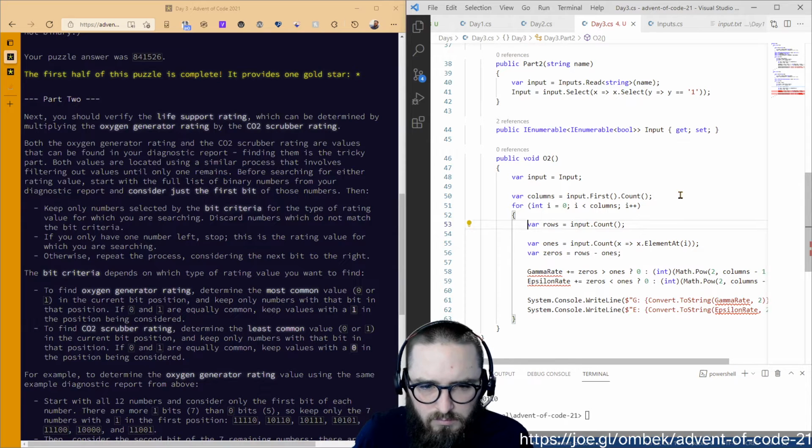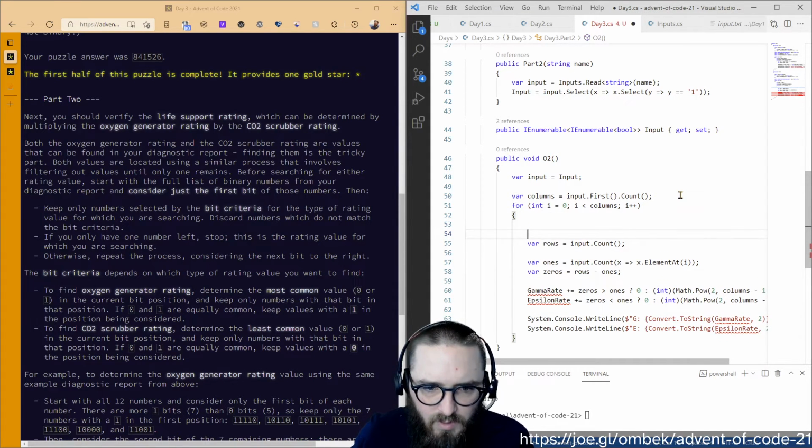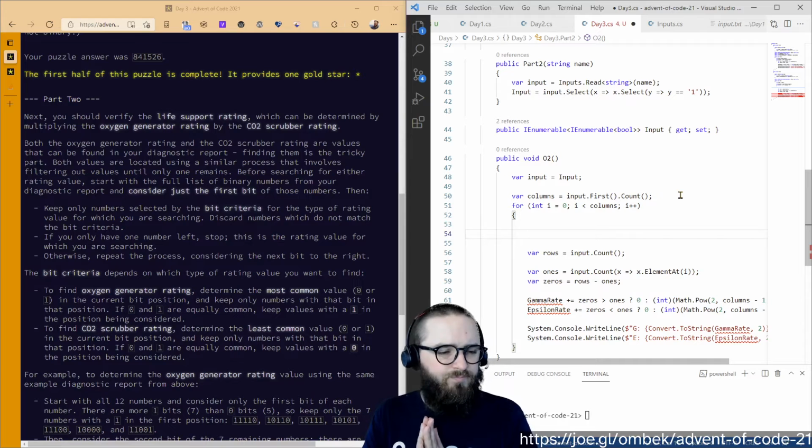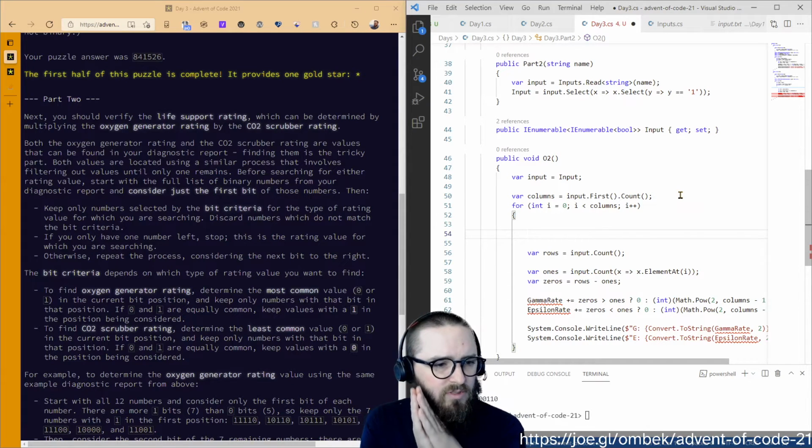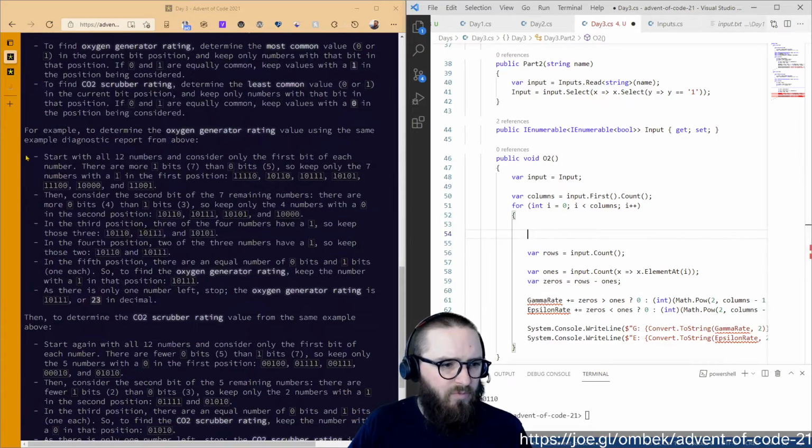What am I using that for? Oh yeah. Okay, so keep only numbers selected by the bit criteria for this type of rating value. Oh, no, we're reading this bit. Nope.